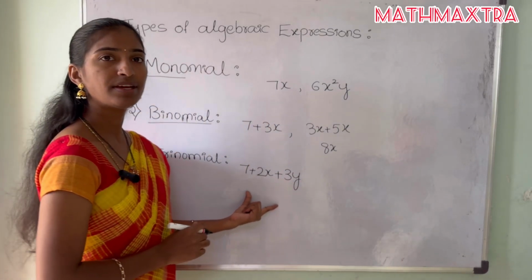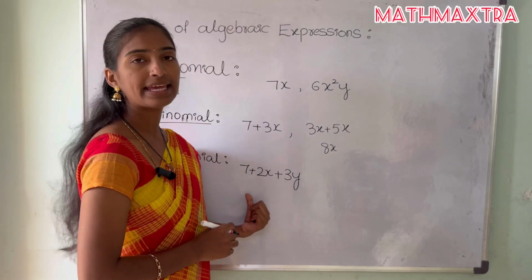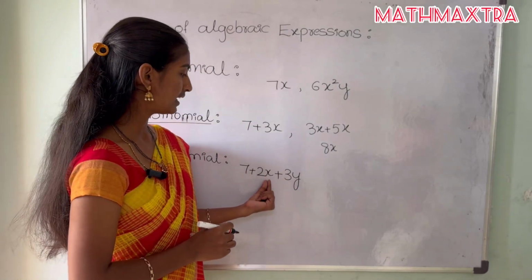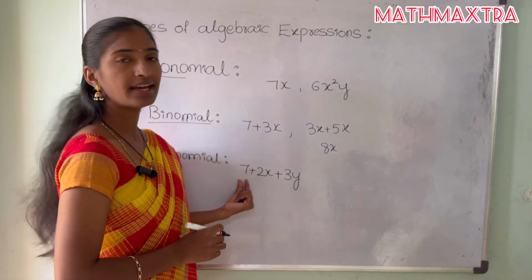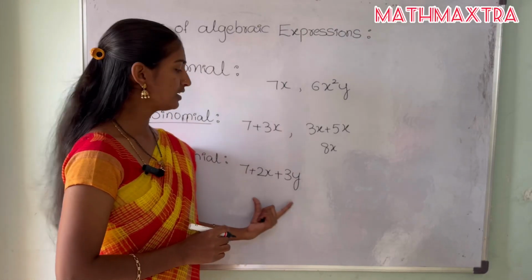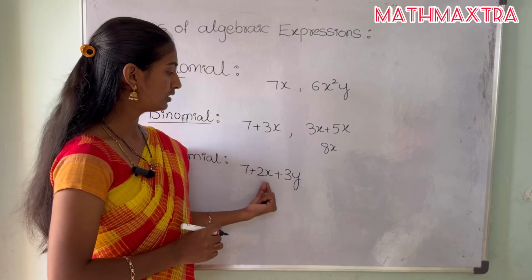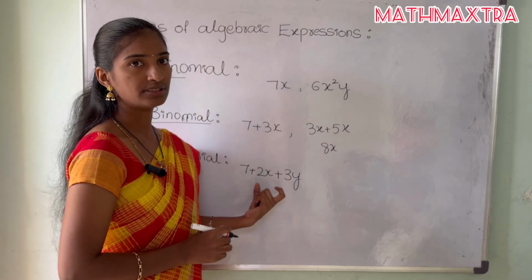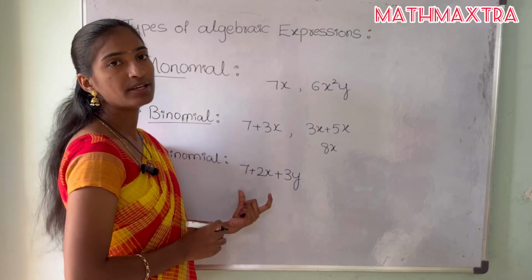Is it a trinomial? Yes, it contains exactly three unlike terms. This has a literal coefficient x, this has a literal coefficient y, and this doesn't have a literal coefficient. So these three are unlike terms, and these are exactly three terms: 1, 2, 3. That is why we call this expression a trinomial.